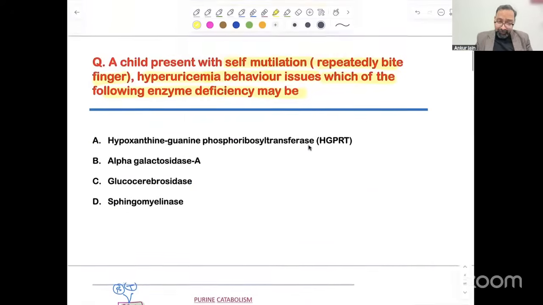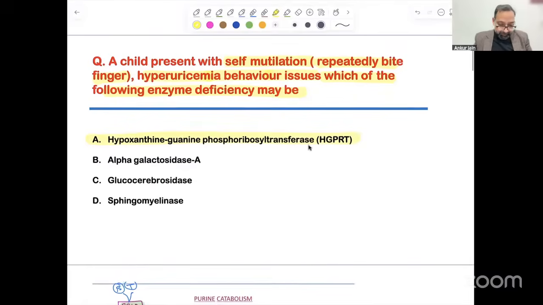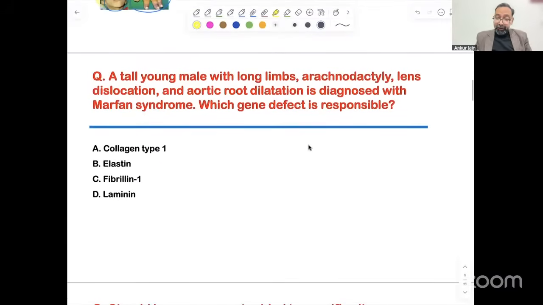Simple question, simple answer, repeat question. Hypoxanthine guanine phosphoribosyl transferase. Next question: long limbs, arachnodactyly, lens dislocation. This is Marfan syndrome. They have given the diagnosis Marfan syndrome, and again a repeat question: fibrillin 1 mutation.